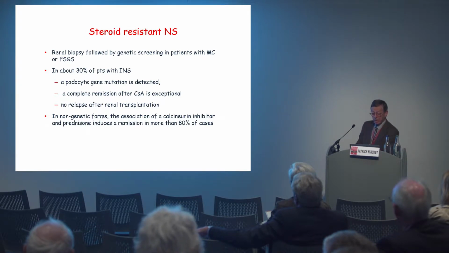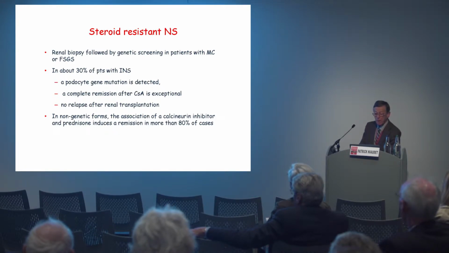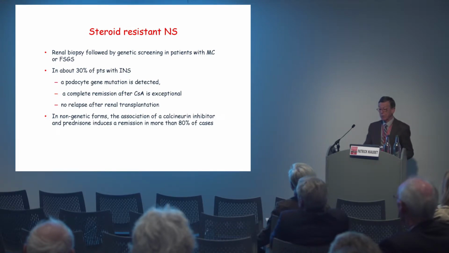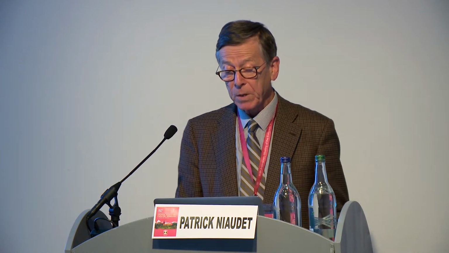So there is another category of patients, those who have steroid-resistant nephrotic syndrome. Renal biopsy is then followed by genetic screening in these patients, because about 30% of them have a podocyte gene mutation, which is detected.